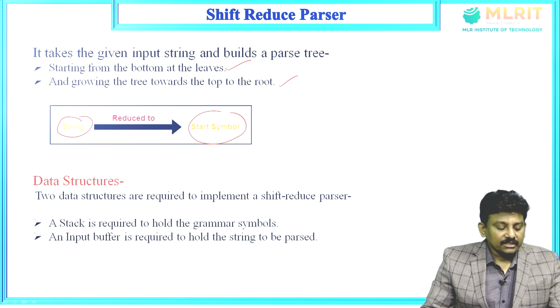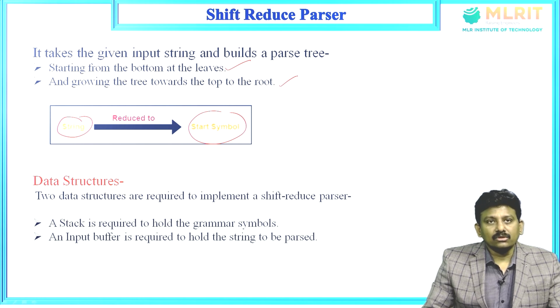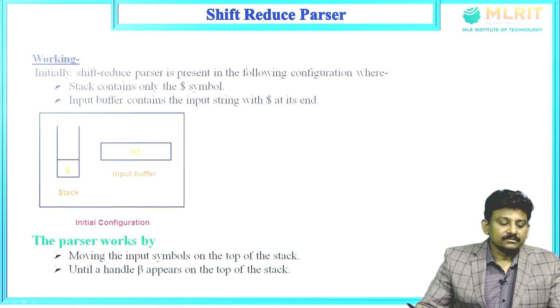Here we need two data structures to implement the shift reduce parser. First is a stack. The stack is used to store the grammar symbols, whether non-terminals or terminals, variables or terminal symbols. And we also need an input buffer to hold the input string to be parsed. This is the structure of the shift reduce parser.